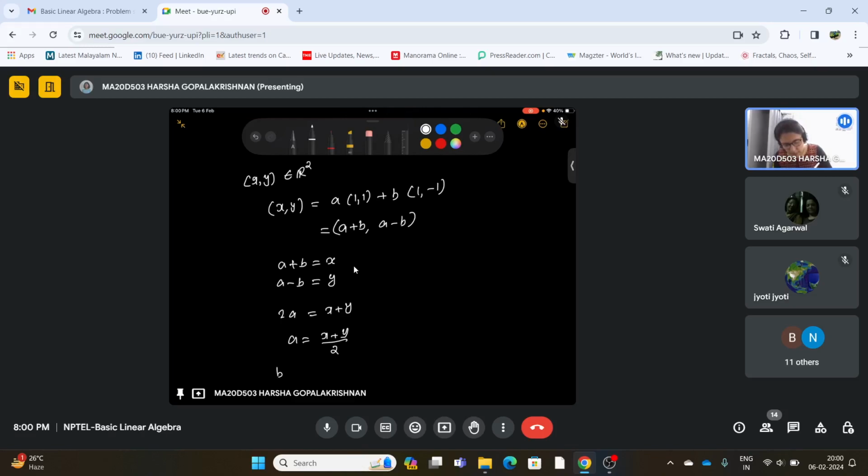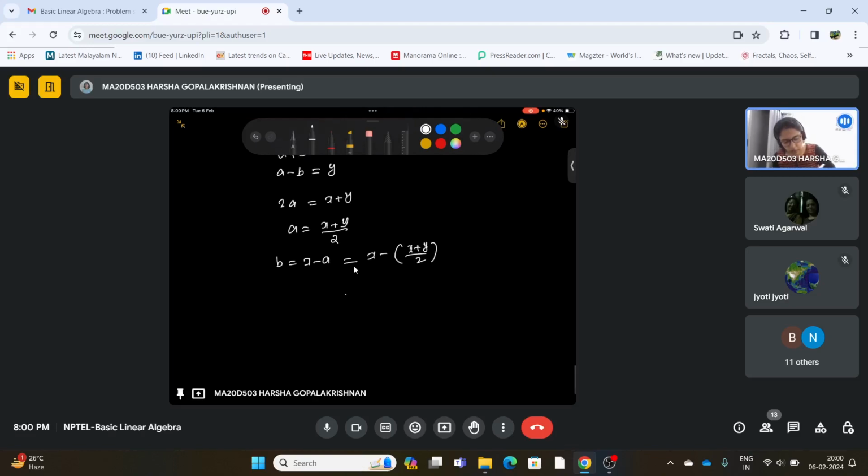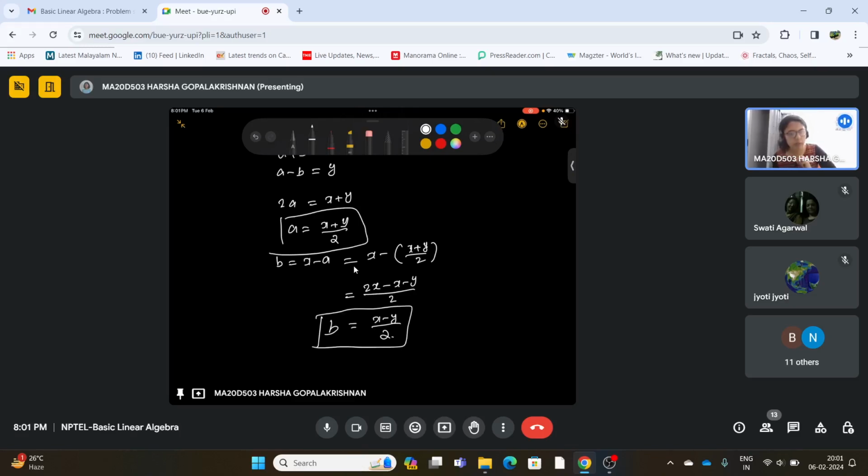And b equals x minus a from this equation, that means x minus (x + y)/2, which is (2x - x - y)/2, equal to (x - y)/2. So I got a equal to (x + y)/2 and b equal to (x - y)/2.